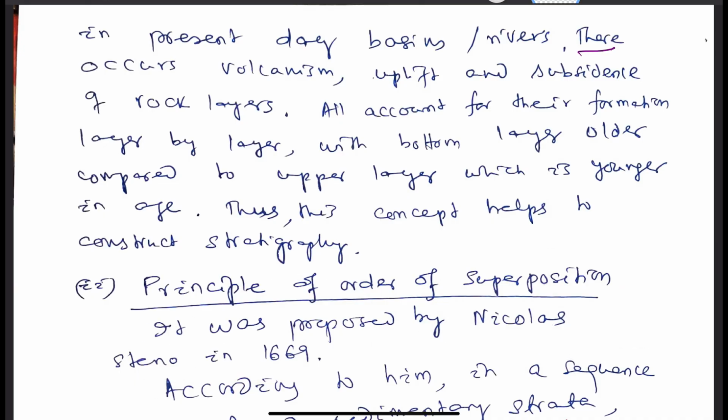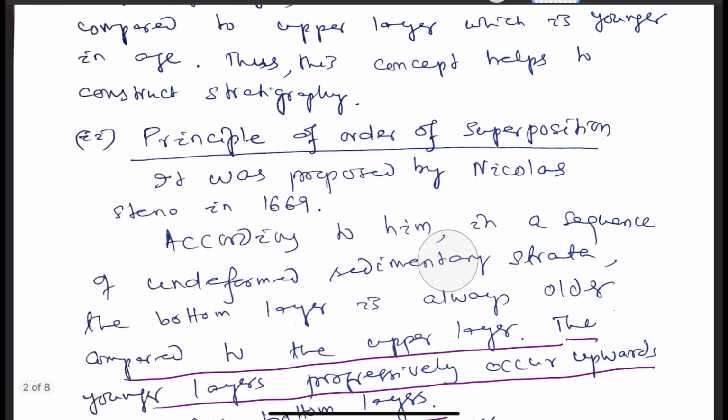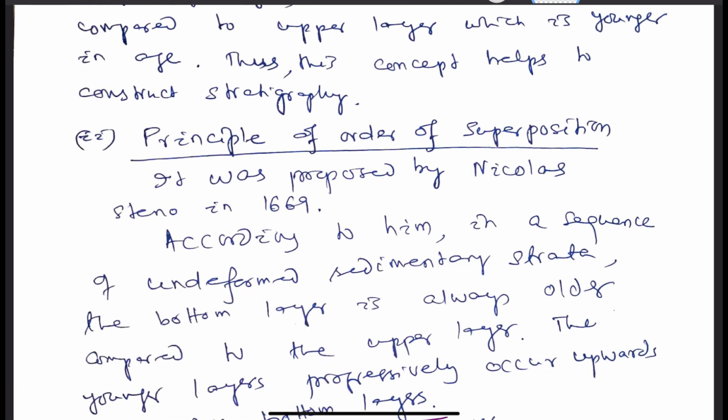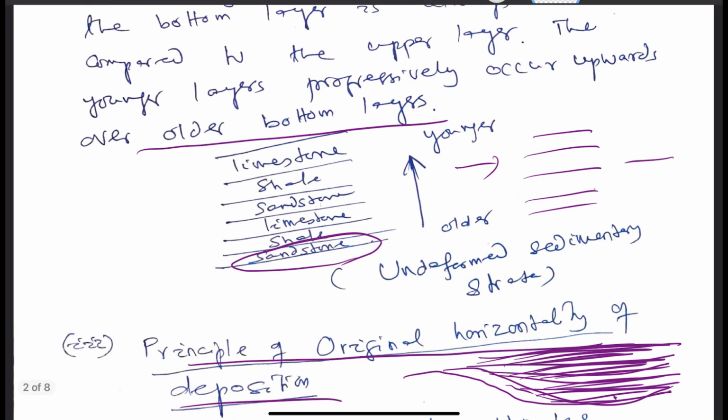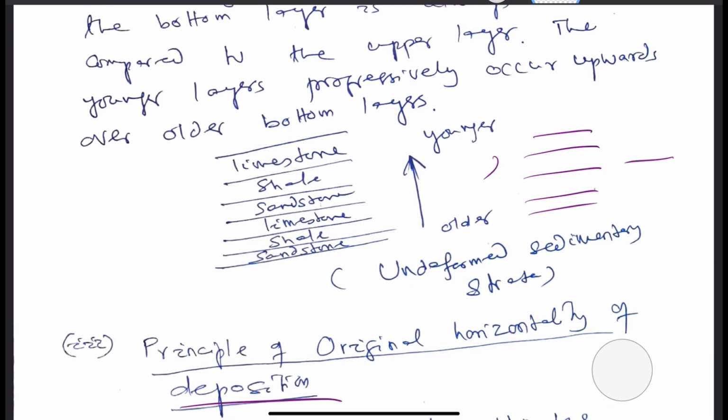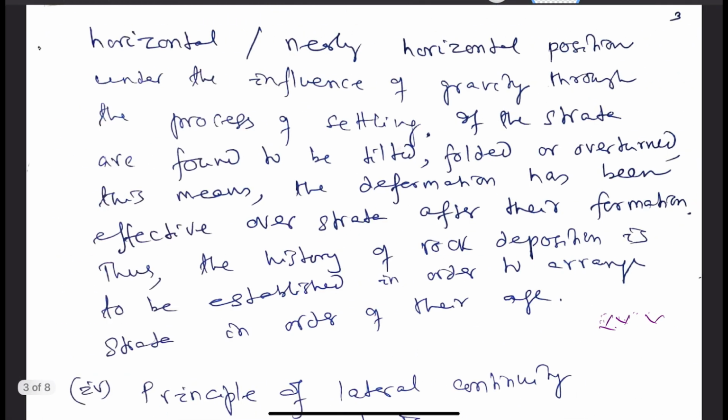So this is the concept which has been provided by Nicholas Steno. All are related: principles of order of superposition, principles of original horizontality. They all are related.